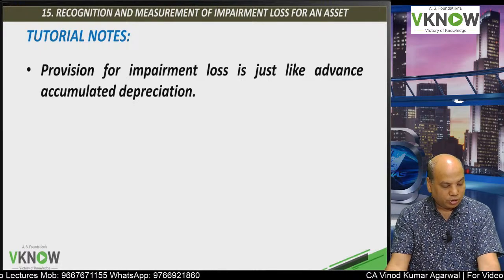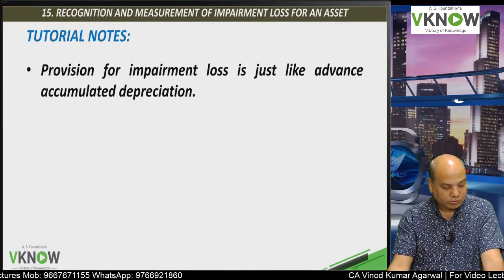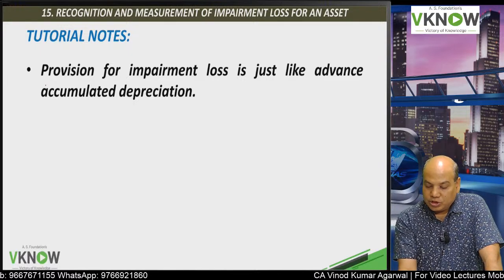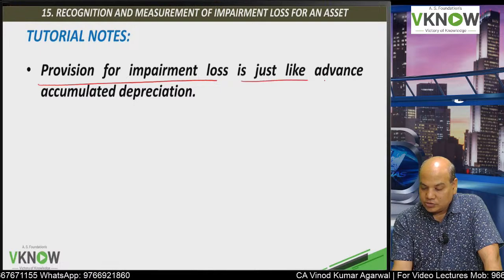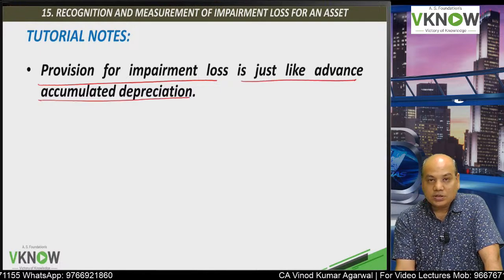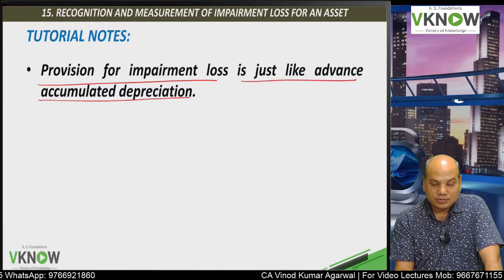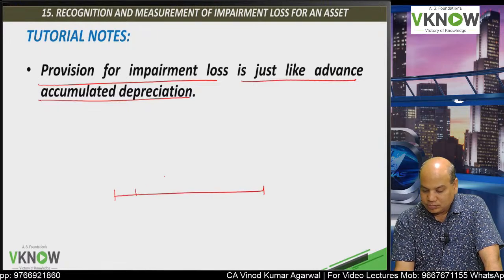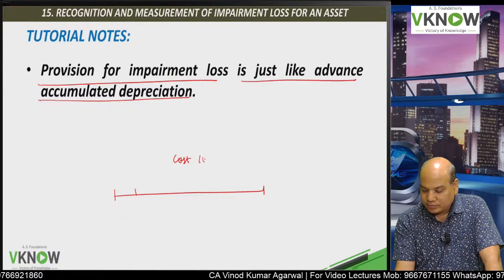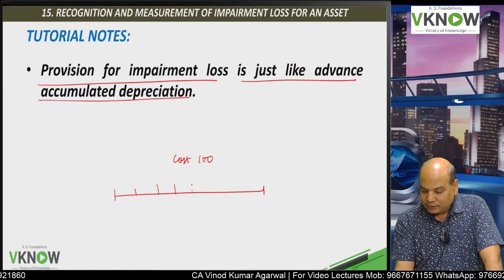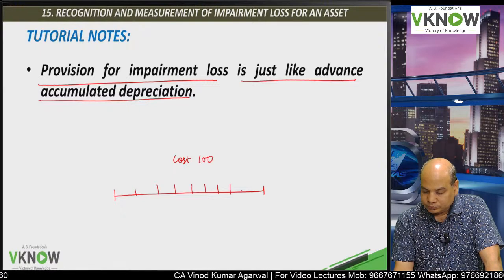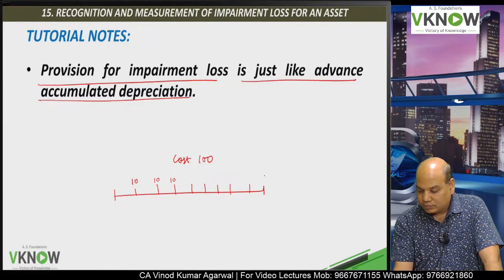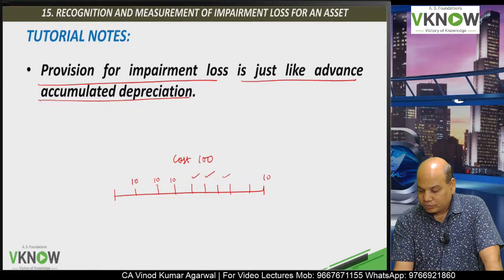Some important notes for you. Provision for impairment loss is just like accumulated depreciation. So suppose you provide depreciation, cost is 100 rupees and the life is 10 years, you are going to provide depreciation of 10 in each year.